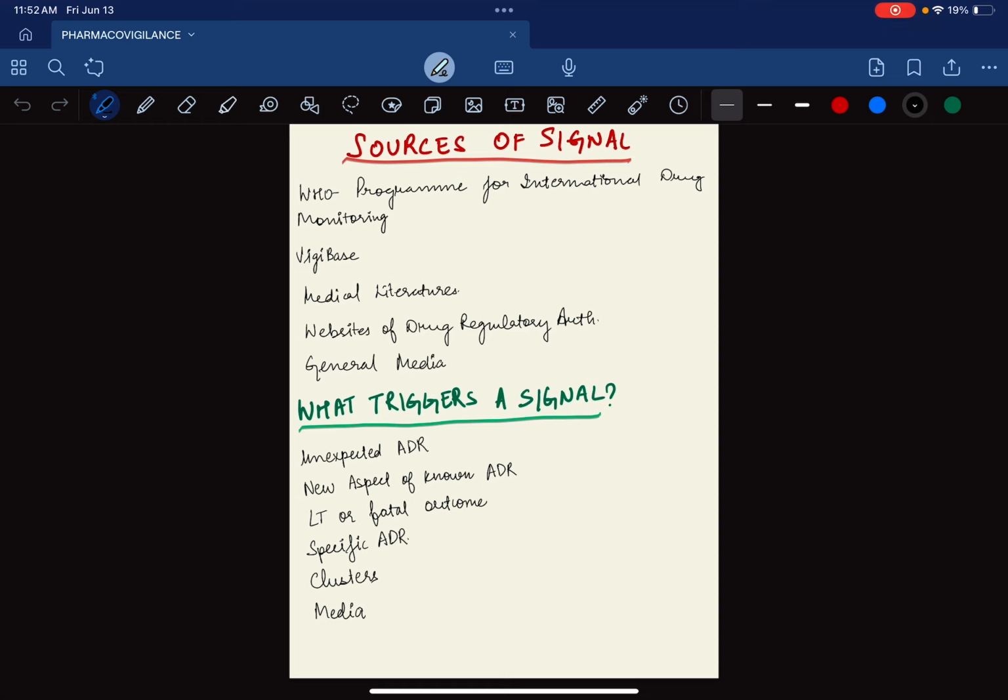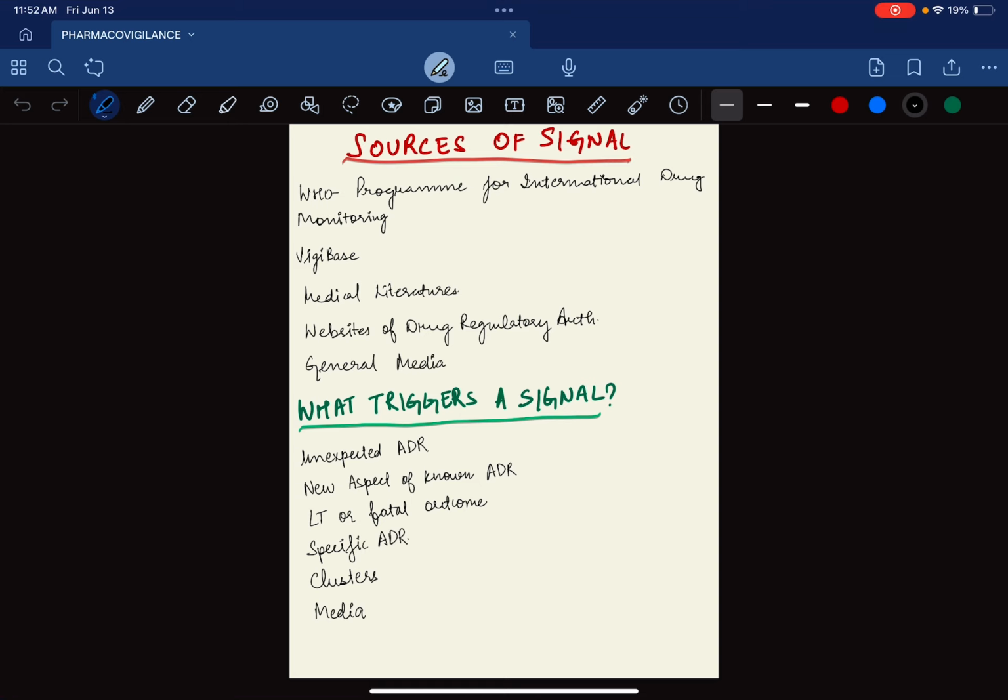Another one is the new aspect of a known ADR. Now, what is the new aspect? For example, there is a drug that causes anemia.